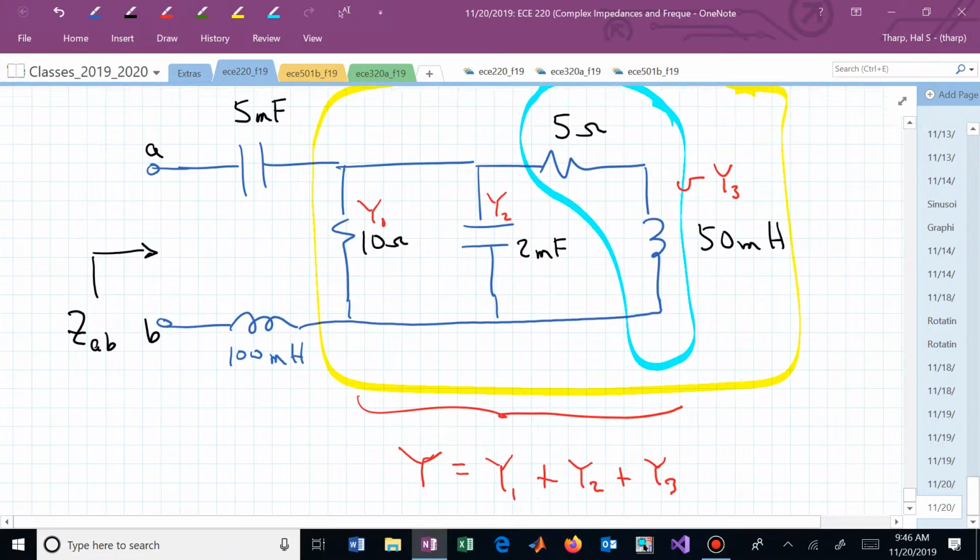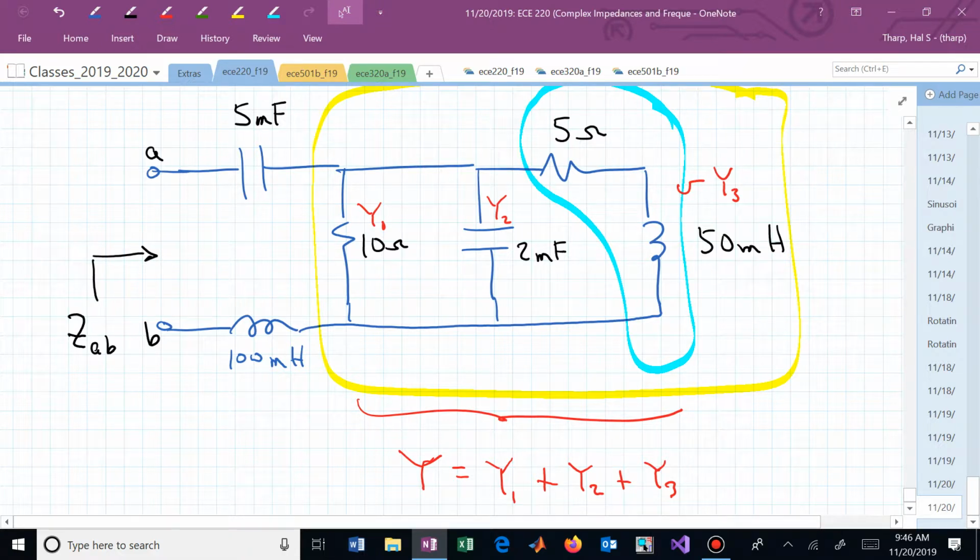That would be the advantage of using admittances. Then we could invert that and find the impedance of that sub-circuit, and then that's in series with the capacitor and inductor on the left. Is that clear, the strategy that we're trying to apply?